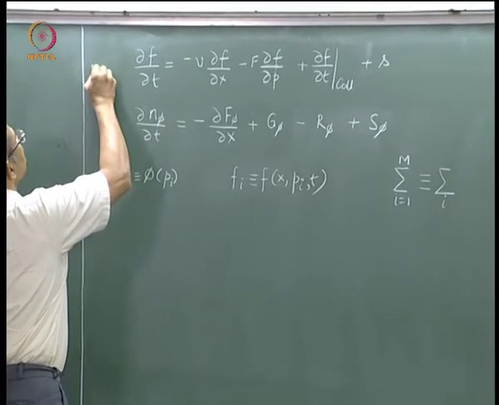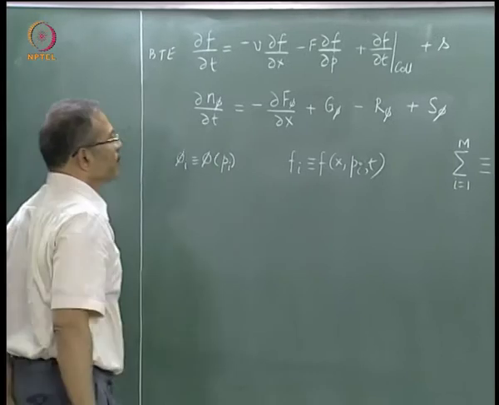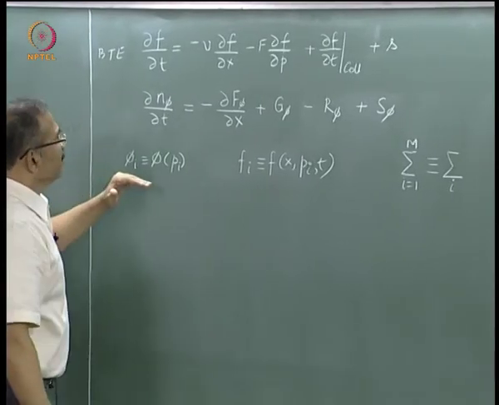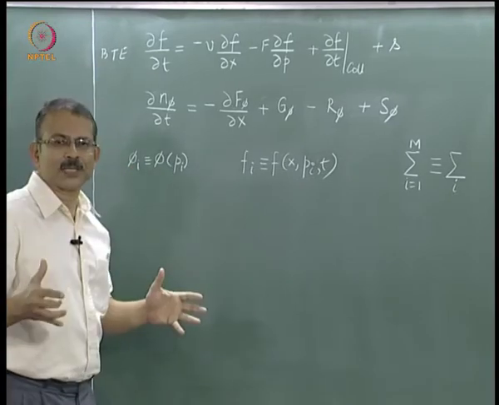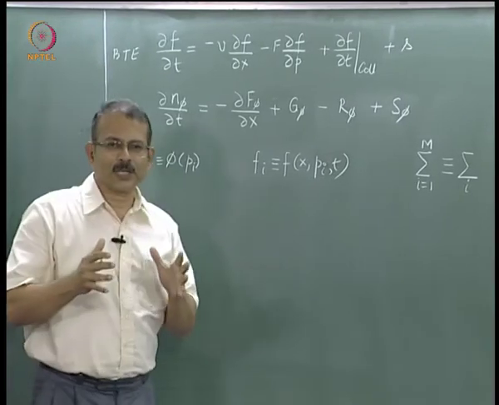So here we have written the BTE. Now, since we have a number of terms to be written in an equation, we would like the notation to be compact.